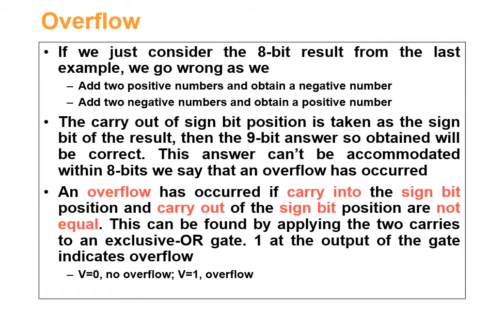An overflow condition can be detected by observing the carry into the sign bit position and the carry out of the sign bit position. If these two carries are not equal, an overflow has occurred. This is indicated in the example in which the two carries are explicitly shown. If the two carries are applied to an exclusive OR gate, an overflow is detected when the output of the gate is equal to 1.